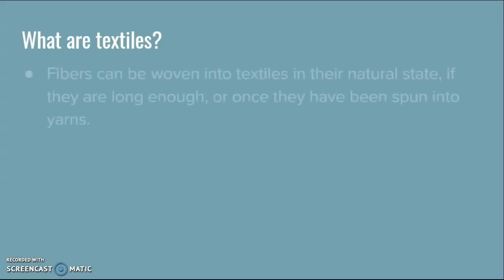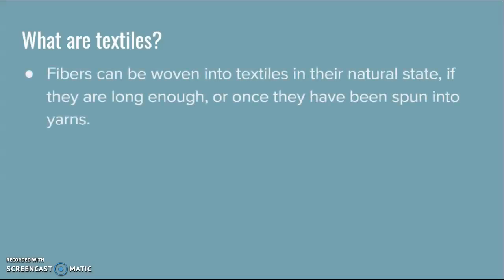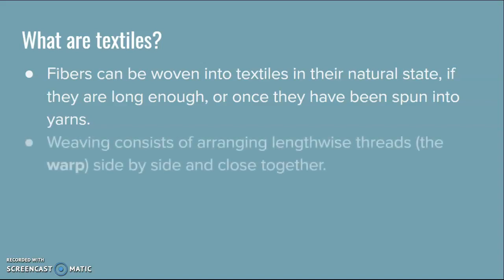Okay, so what are textiles? Well, fibers can be woven into textiles in their natural state if they are long enough, or once they have been spun into yarns. Weaving consists of arranging lengthwise threads, so this is the warp, side by side and close together.